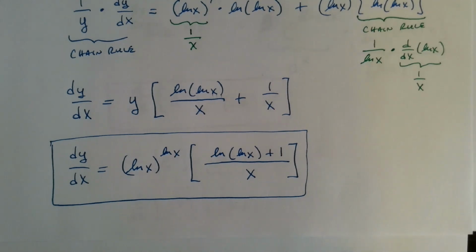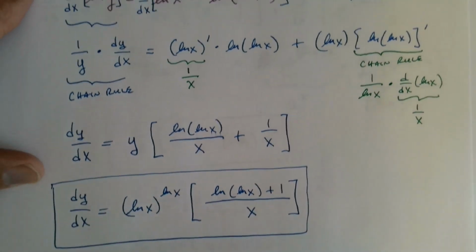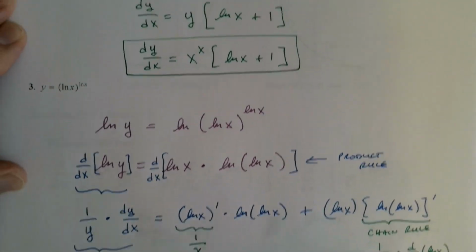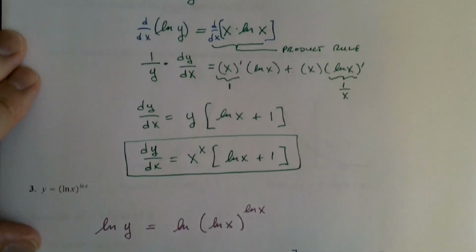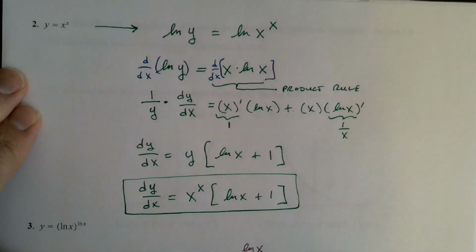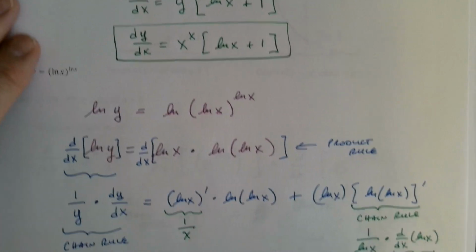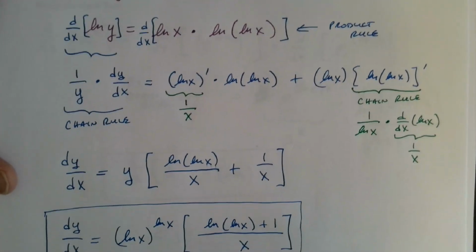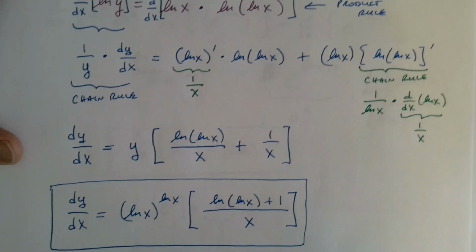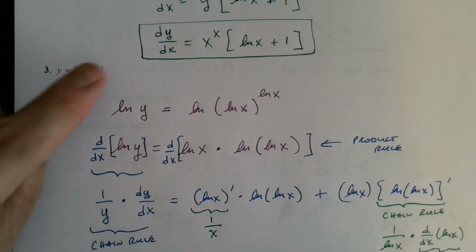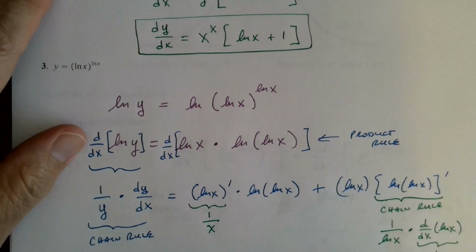But for these last 2, there would be no way to find these derivatives with the rules that we have unless we use logarithmic differentiation. So it's a very helpful thing to find derivatives of exponential expressions where both the base and the exponent are variable.